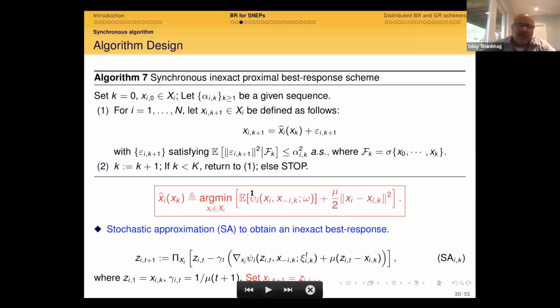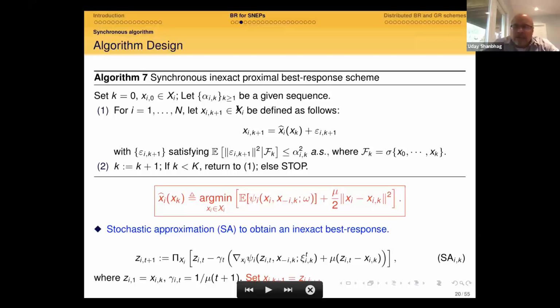Here's one scheme, the first scheme we looked at. We do exactly what we had said in the synchronous proximal best response scheme with one clear difference. Instead of getting the exact best response, we get the obvious alternative, the inexact variant, where epsilon I sub k plus 1 represents the level of inexactness.